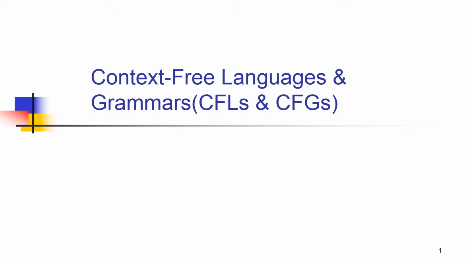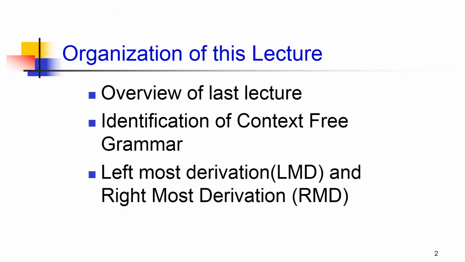So, let's start with what we are going to study today. In today's lecture, we are going to first of all take the overview of our last lecture, whatever we have done so far in this particular topic. Then we will move on to identification of context-free grammar.